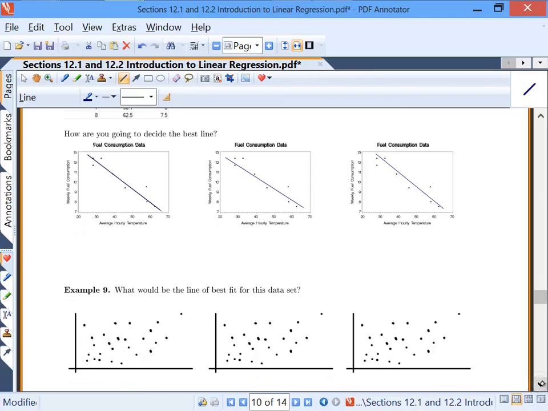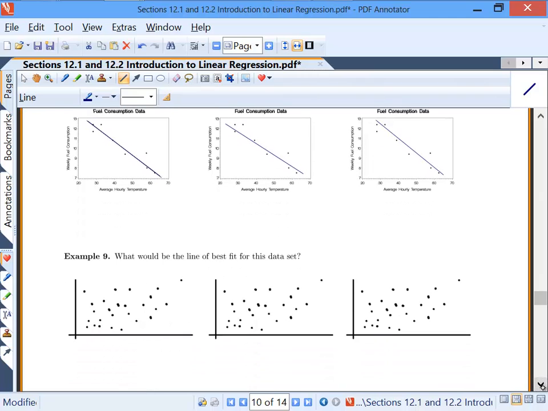Okay, what about for this next data set though? Everyone draw what you think might be the best line for this data set. So what did your lines look like?